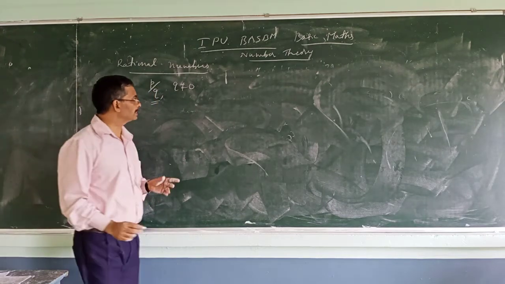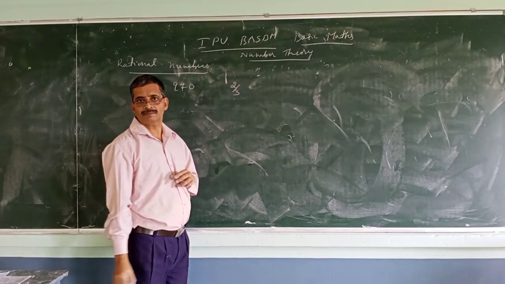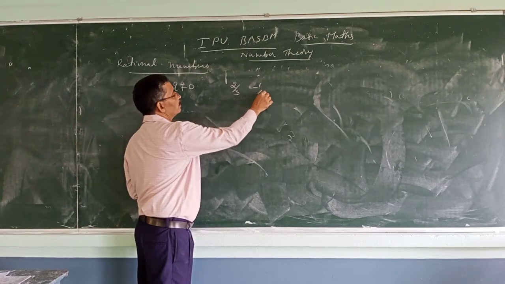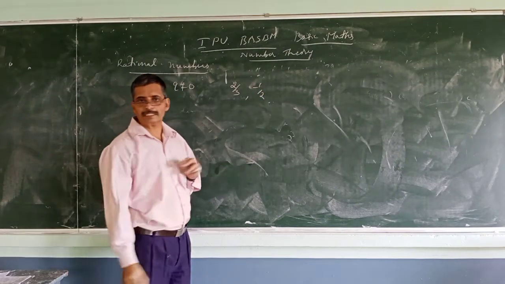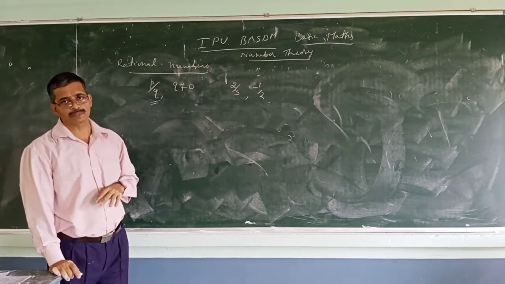For example, 2 by 3 is a rational number. Minus 1 by 2 is again a rational number. There are infinite rational numbers.